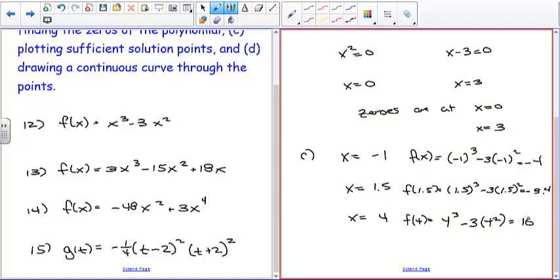Is that really true? 4 cubed minus 3 times 4 squared. Yeah, I guess so. Yep. Because 4 cubed is 64. 4 squared is 16. 16 times 3 is 48. 64 minus 48 is 16.